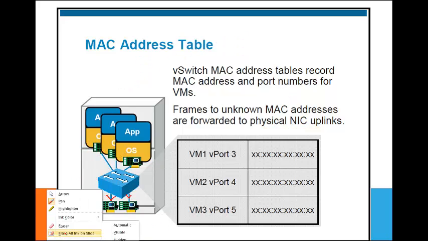It is going to send out through one of the physical NICs if the destination MAC address is unknown. If the MAC address is known and belongs to a local VM, it sends to the VM. If there is no MAC address, then it's not from a VM, it's from outside, so it sends through one of the physical NICs.